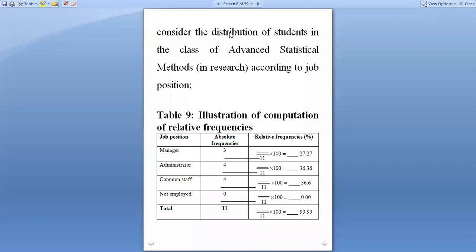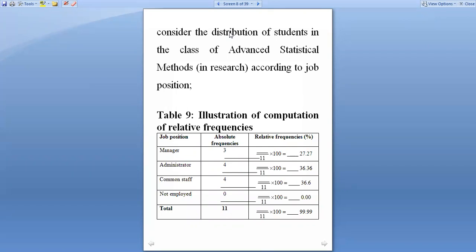For cumulative, you will find it out, and other tools. For mean, for example, there is a formula. For variance, there is a formula, and so on. Then the last column will be how to interpret the results. How do we interpret?